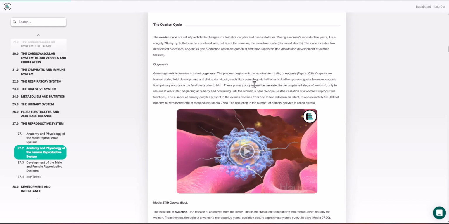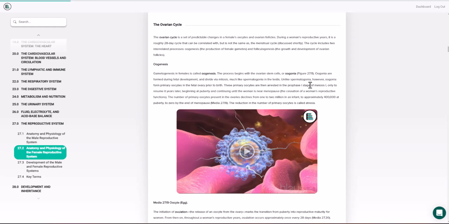These primary oocytes are then frozen, that's my word, but they are frozen in the early stages of meiosis. They're kind of freeze-framed. They get started and then they get stopped.